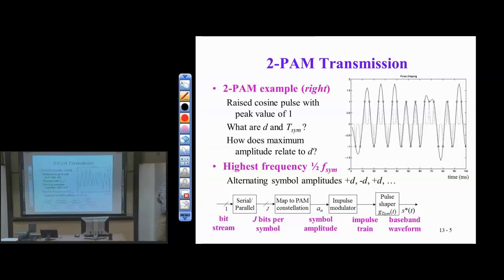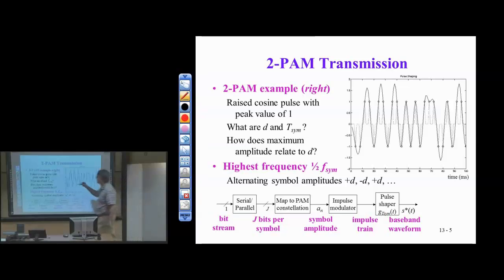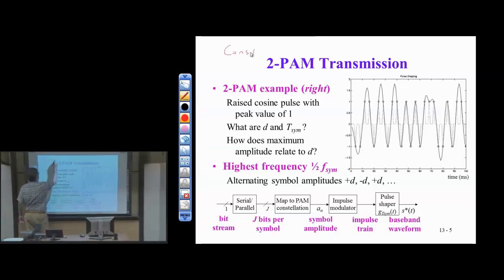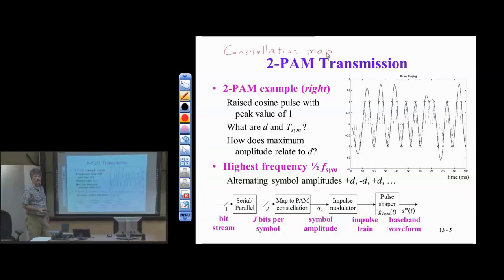So my symbol is 1 bit. And I'm going to map 0 to -1 and 1 to 1. Okay, so the constellation map. I could just as easily map a bit of 0 to 1 and a bit of 1 to -1.